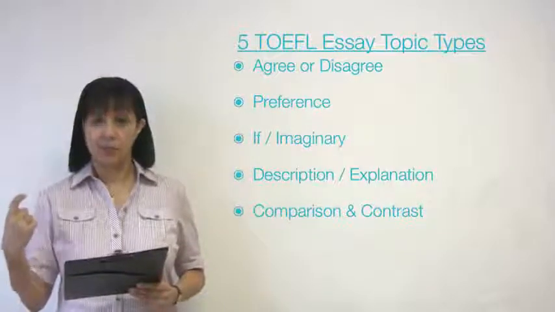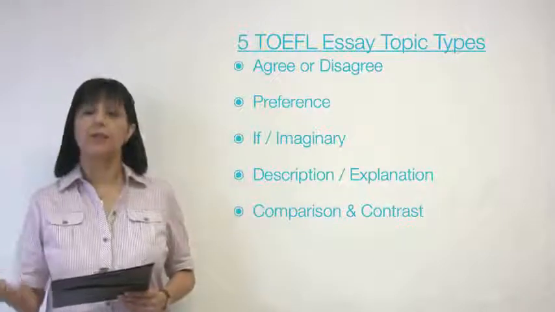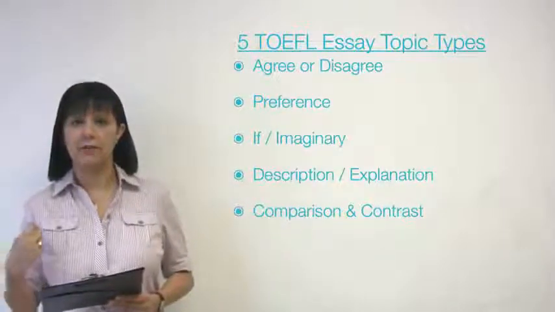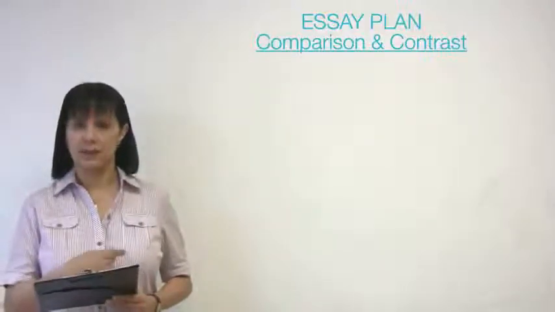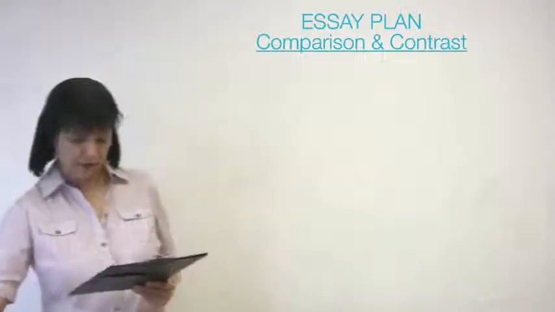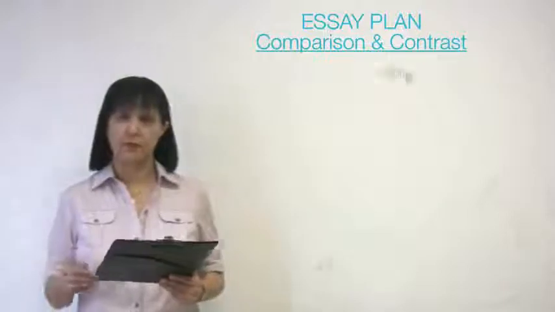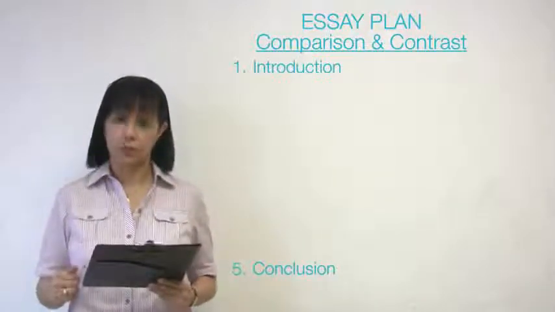Only this last question will require a specific essay pattern. Okay? Let's look at the essay pattern you need to follow for this last one first. The last question, which is the comparison and contrast. So, as you can see, for the comparison and contrast type of question, you begin with an introduction and you end with a conclusion.